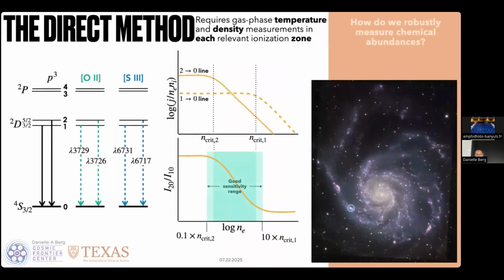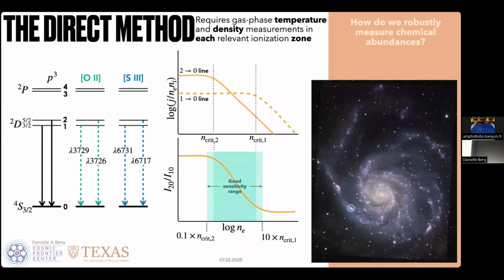For our density diagnostics, we can look at a similar diagram, but the first thing you'll notice is now we're looking at ratios of emission lines that come from very similar starting energy levels. That means that they don't depend very much on the temperature, because they have a similar energy that they have to excite to, same temperature dependence.